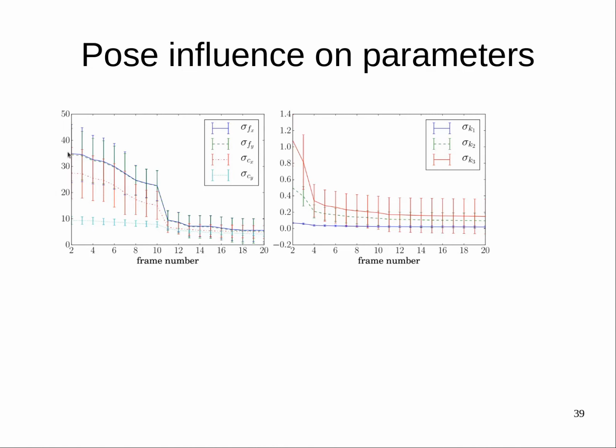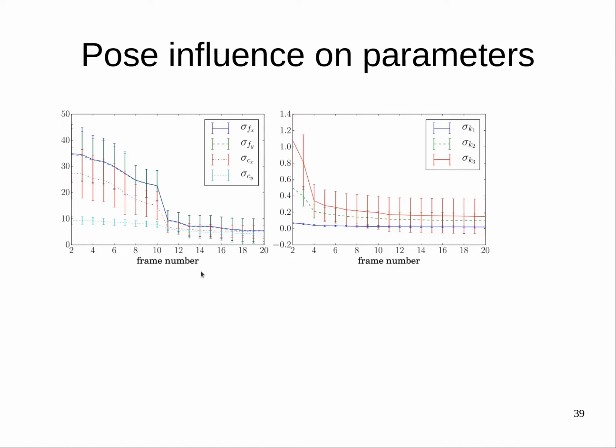As you see, the variance slowly declines here, but at frame 10 something happened, and then the variance dropped significantly for the focal length. And on the right side, with the distortion parameters or radial coefficients, no such thing happened. So what changed at this point?